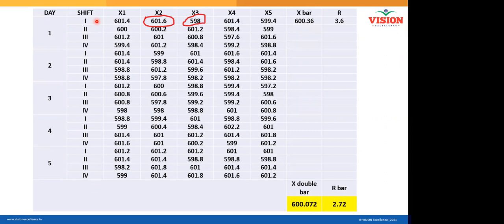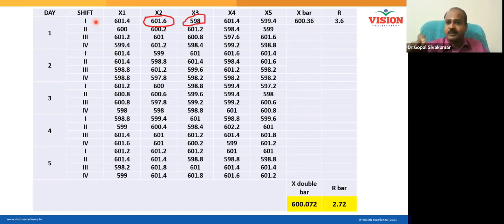So the range calculated using subgroup number 1 will be less if the products produced on day number 1, shift number 1 are very consistent. If the variation is less, all the products are close to the target. If the variation increases, there could be a lot of bad products produced on shift number 1. I don't want my company, my team to produce a lot of bad items in every single shift.